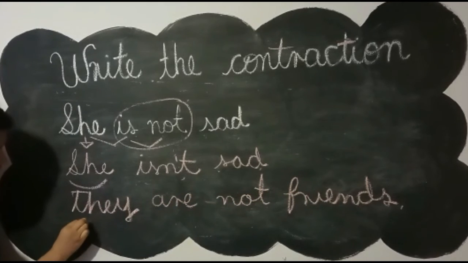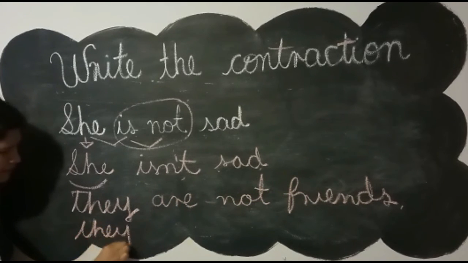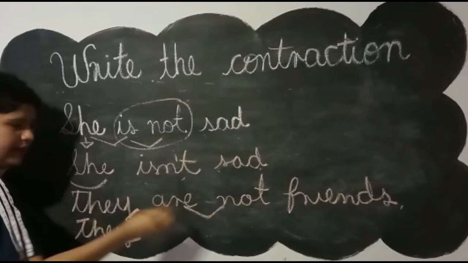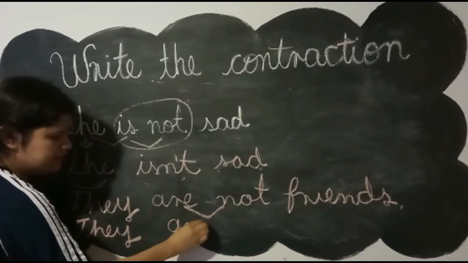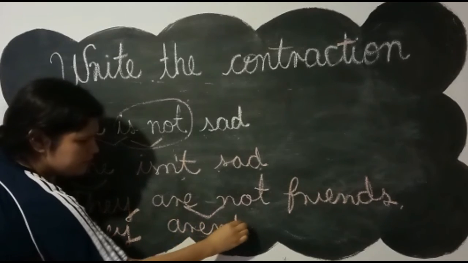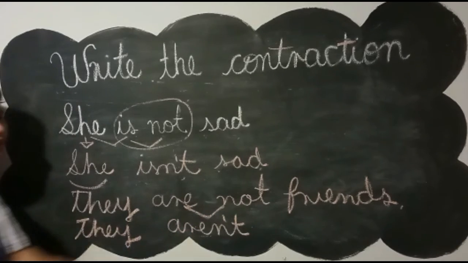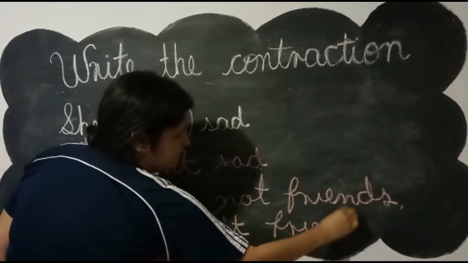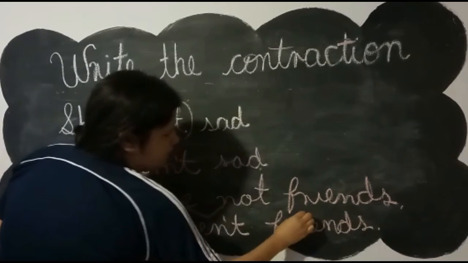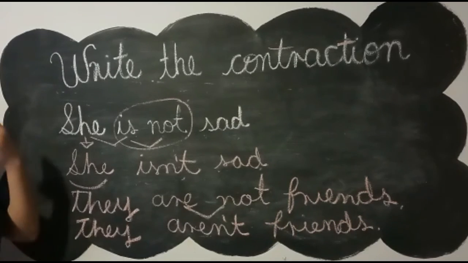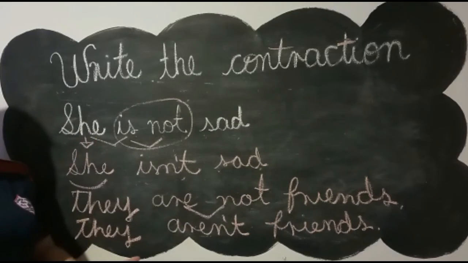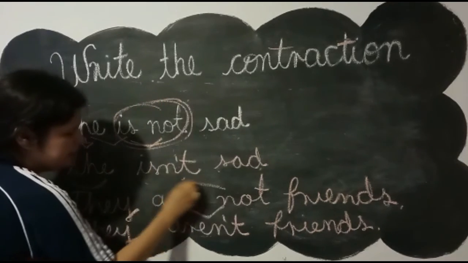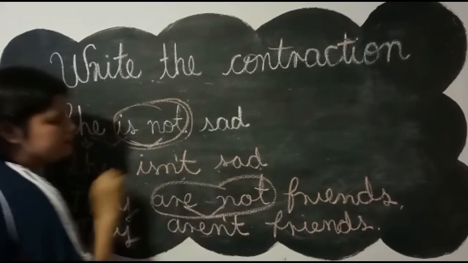This is going to be the same. They, you mix are and not, and you will form aren't. And you add friends. So you just have to observe and pay attention to mix correctly the contractions.